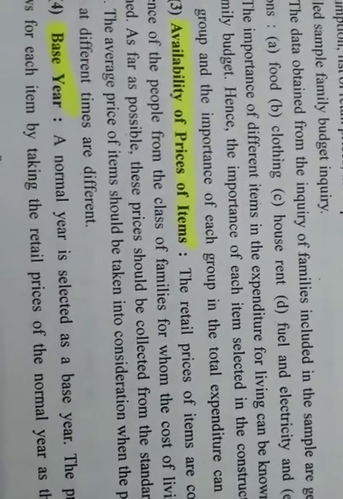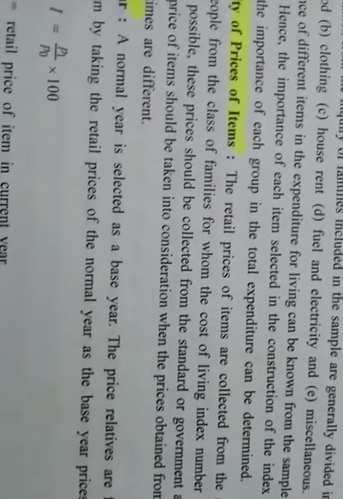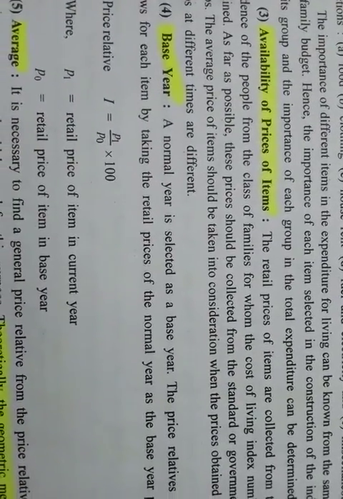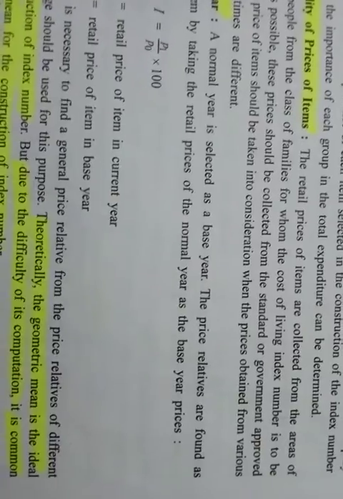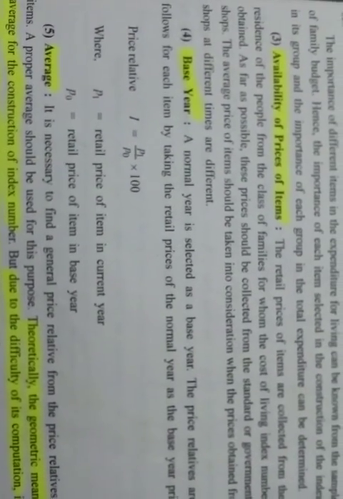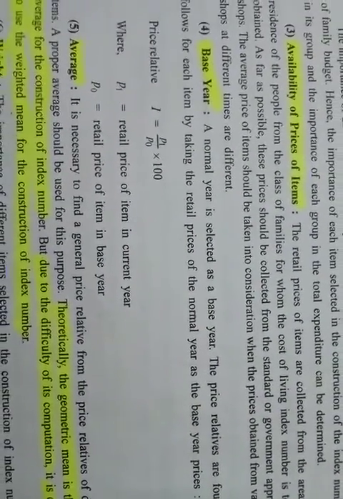Then the third point is availability of prices of items. The retail prices of items are collected from the areas of residence of the people from the class of families for whom the cost of living index number is to be prepared. As far as possible, these prices should be collected from standard or government approved shops.